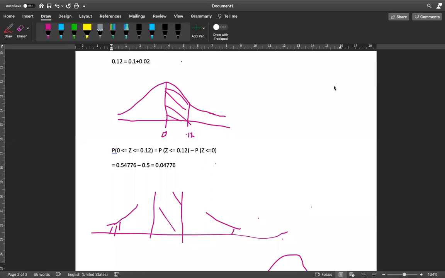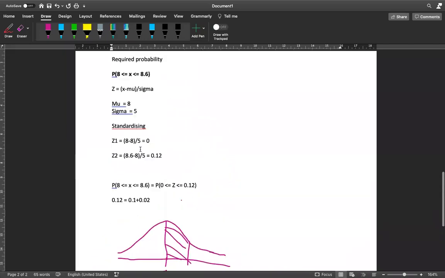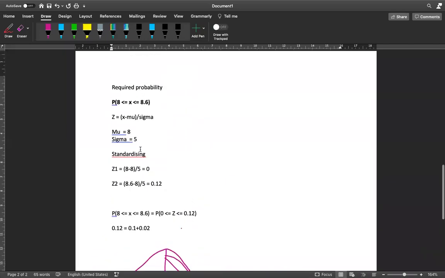Yes. Lawrence, you have a question? Hello, sir. Okay, sir, please. So assuming we are considering the x values, not the z, does that mean that the zero represents the 8? The 0 represents the 8 because that's the mean, isn't it?